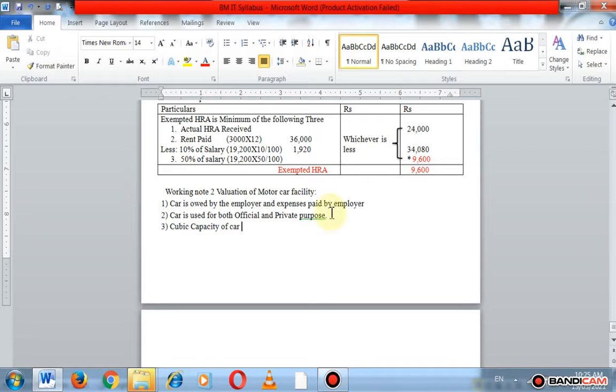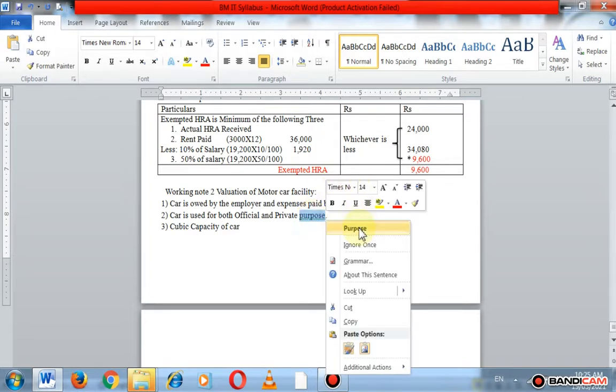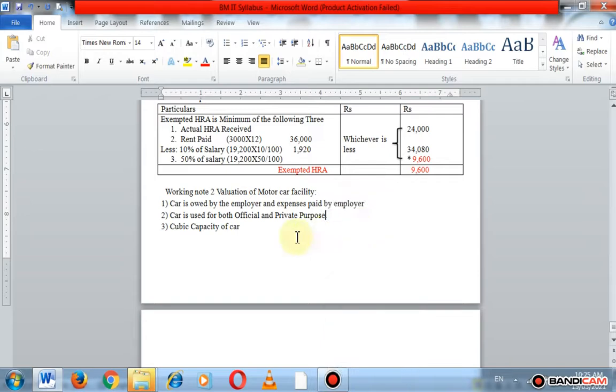So the cubic capacity of the car is 1400 cc, that is, the car cc is below 1.6 cc. Got it? 1600 cc. Third point.